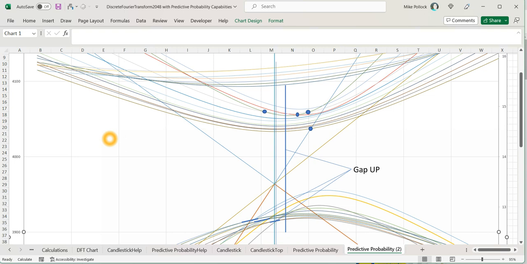And so where do we think, after this gap up, we'll close? So I put these little circles where I see intersections. There's an intersection, that's top 5 and top 3 and 5 right here. And then there's another one on past, if it goes a little bit further.